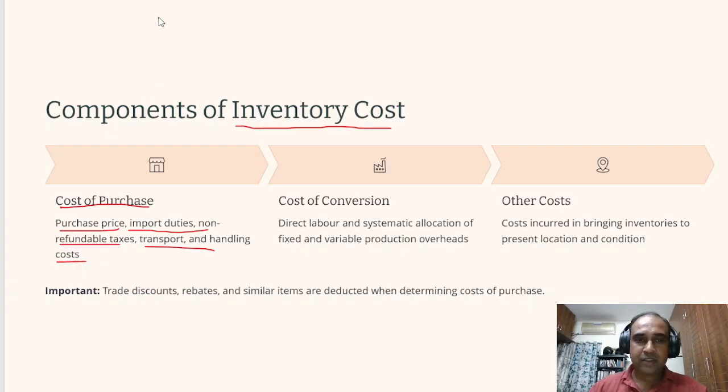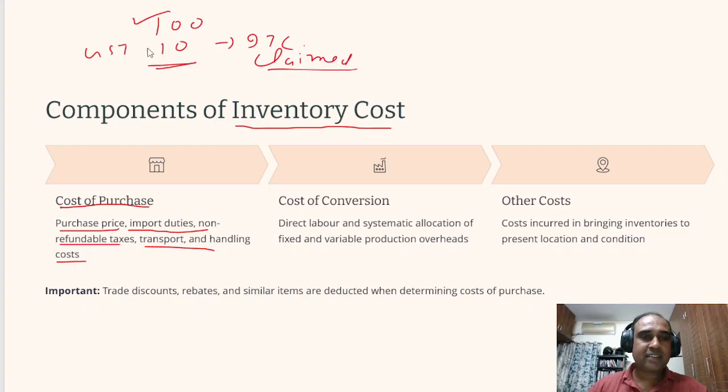For example, if the inventory cost is 100 and the GST component is 10, and this GST ITC, input tax credit, can be claimed. Okay. So the cost of the inventory will be taken as 100, not 110. If import duties are non-refundable or cannot be claimed, then in that case the valuation will be at 110. The cost will be taken as 110.